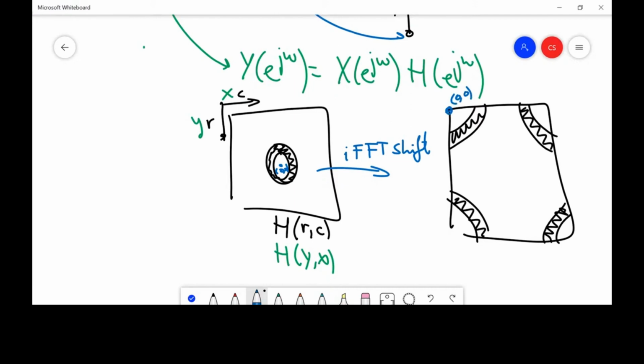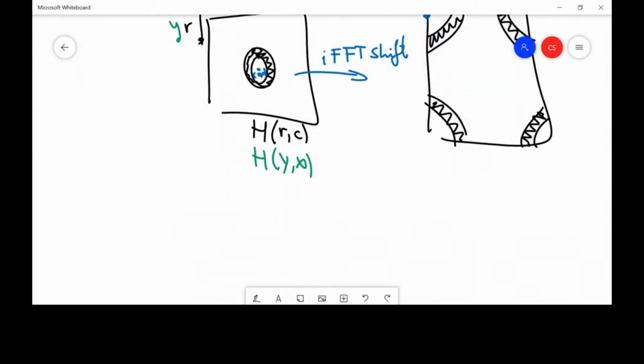So before convolving, we have to put the origin where it is. So we have to do the Fourier transform of this image rather than the Fourier transform of this one. And then we are convolving the flower image.